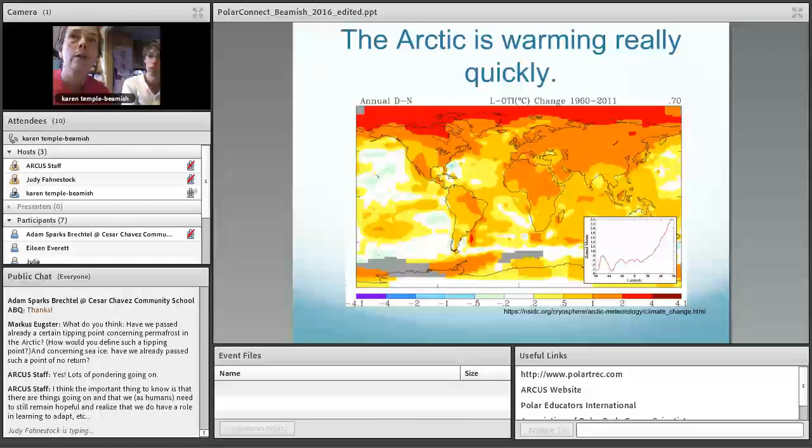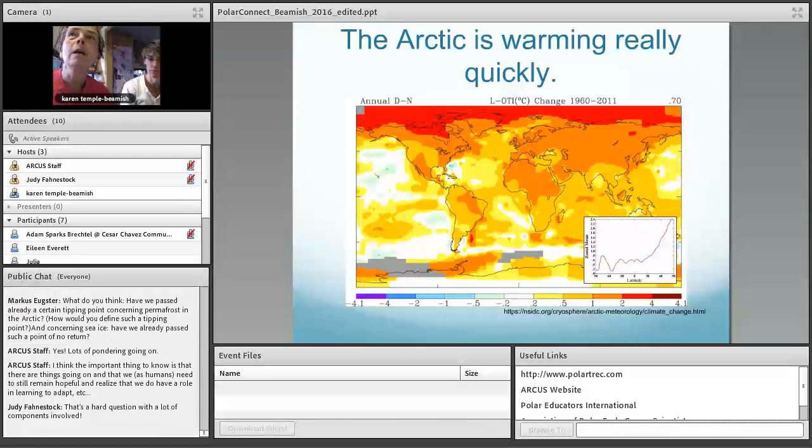So I believe that there are things that we can do to prevent catastrophic problems with the climate, but we have to start now. We have to start educating our students and applying some of these agricultural practices as well as other technology solutions as quickly as possible.